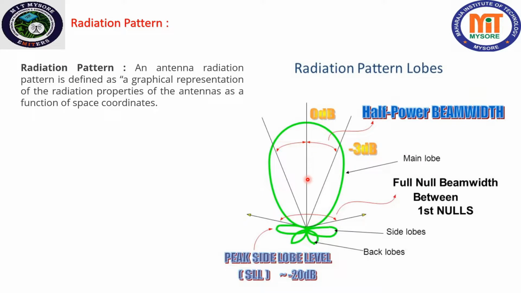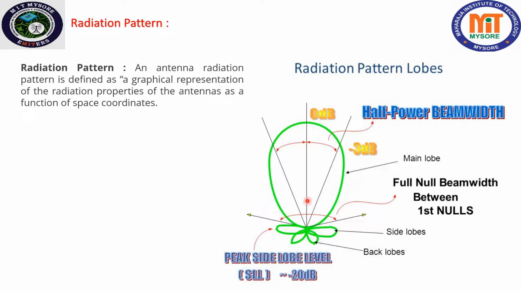So this figure shows the radiation pattern of an antenna. As already explained, it is the graphical representation of the radiated power or received power. So the main direction, or the direction in which maximum power is transmitted or received, will constitute an area called the main lobe.